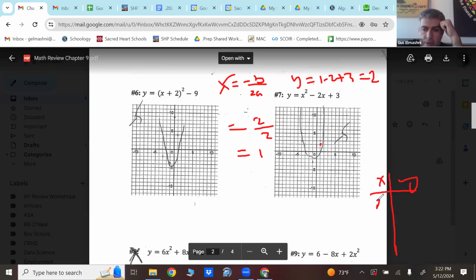And then plug in 0 and 2, because those are nearby. You plug in 0 and 2, what do you get? 0, you get 1. No. Hold on, let me look.